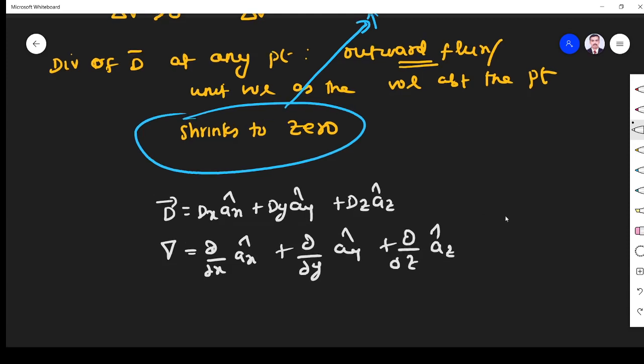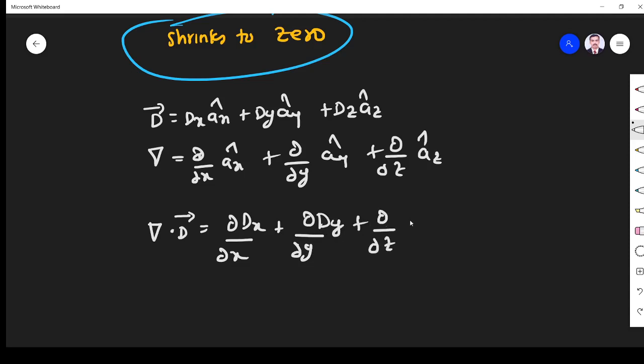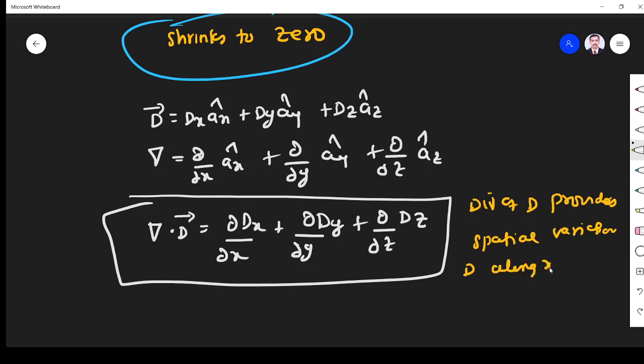If you find del dot D, it is a dot product between del and D, so you will get dou Dx by dou x plus dou Dy by dou y plus dou Dz by dou z. So it is clearly understood that divergence of vector D provides the spatial variation of D along x, y, z.